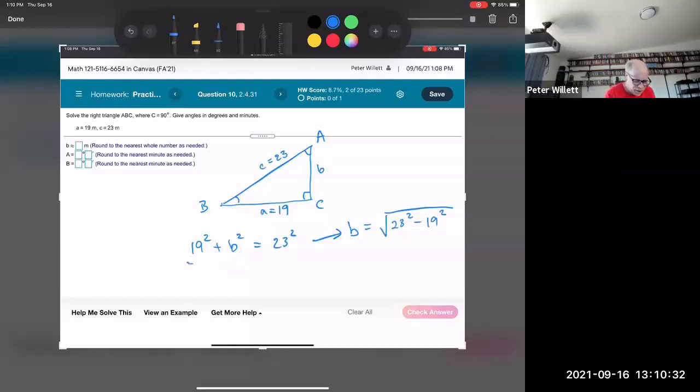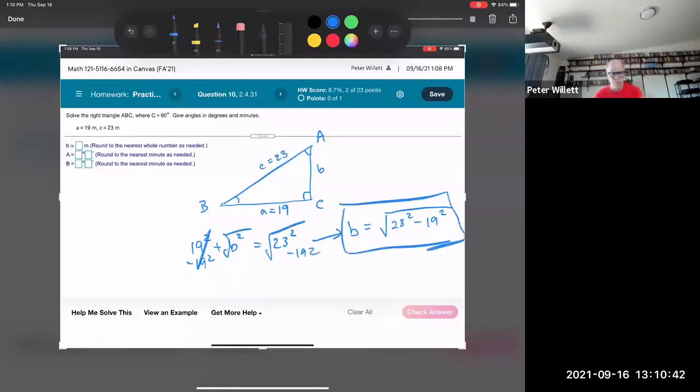I subtract 19 squared from both sides to make those go away, and then I square root to get rid of the square, and that's how I end up with this. And so then I put that on a calculator and see what I get.